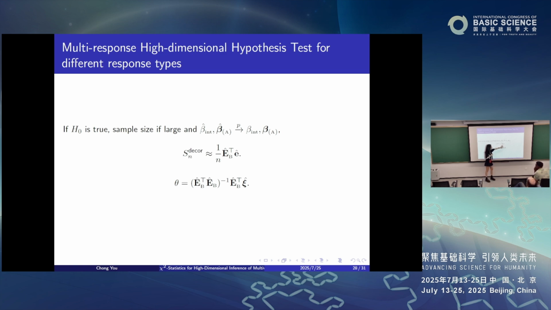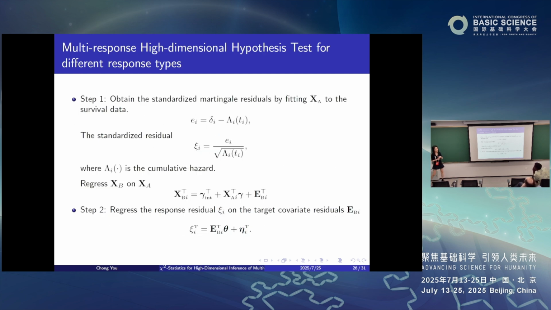also measures the correlation between E hat and the residual. But instead of the martingale residual E here, what we are dealing with is the standardized one. And we know that E hat here is a vector consisting of E1, E2 to En. And we know they don't have a consistent variance, because we have shown before that each Ei is a counting process, and they will have different expectations and different variance.